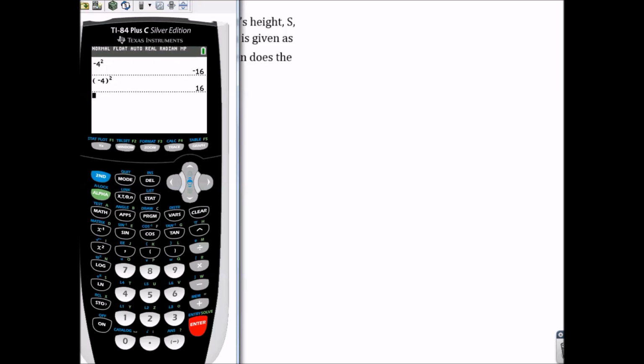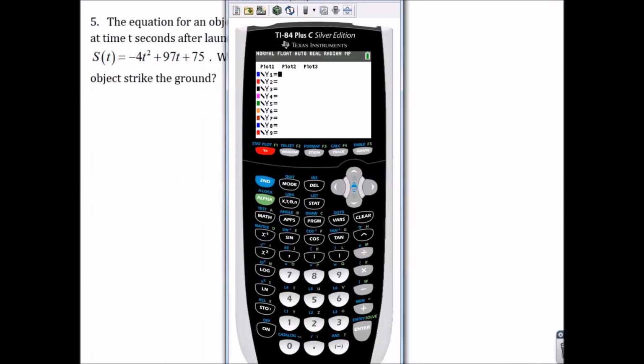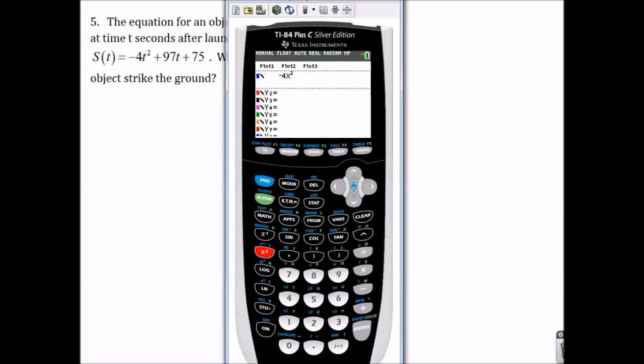It says the equation for an object's height, s, after time t seconds after launch is given by this equation. S of t equals negative 4t squared plus 97t plus 75. When does the object strike the ground? I'm going to graph this real quick just so we have an idea of what we're dealing with. So we have negative 4, and I'm going to go ahead and just type x squared.